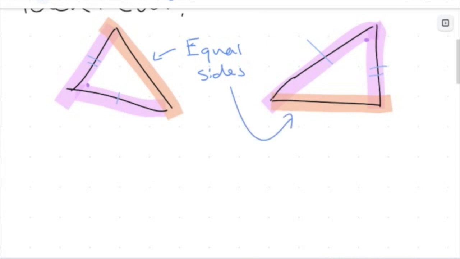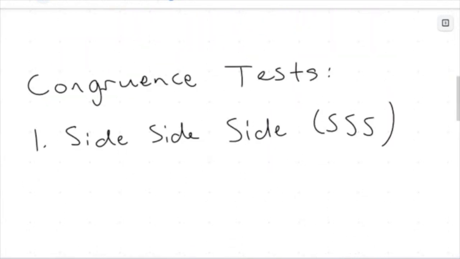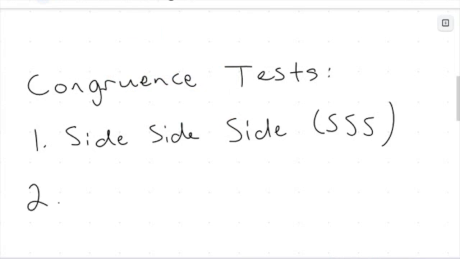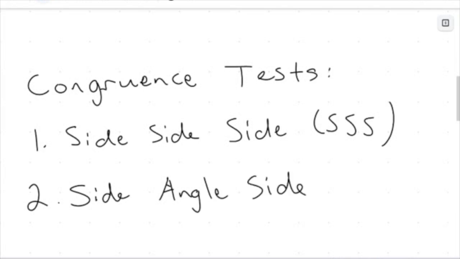Now that's pretty useful because if we don't have a side, but we know the angle is equal, we can therefore conclude that the sides then must be equal. So this brings us to another congruence test. And this is what we call side angle side. We call that SAS.